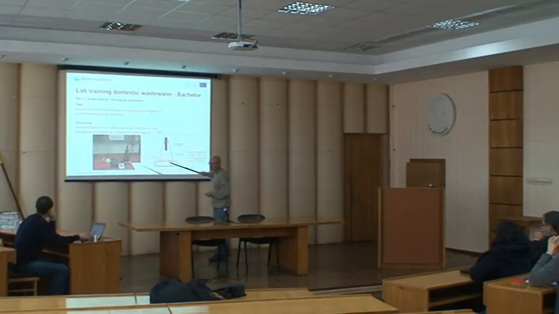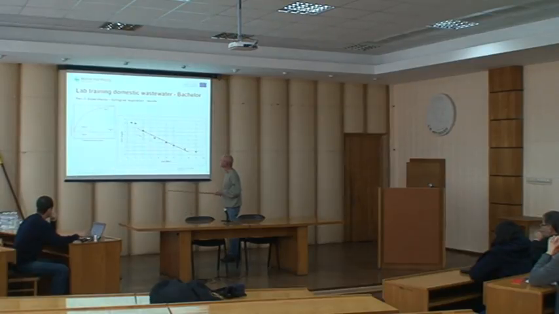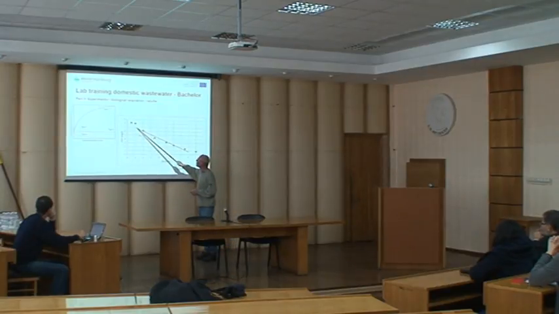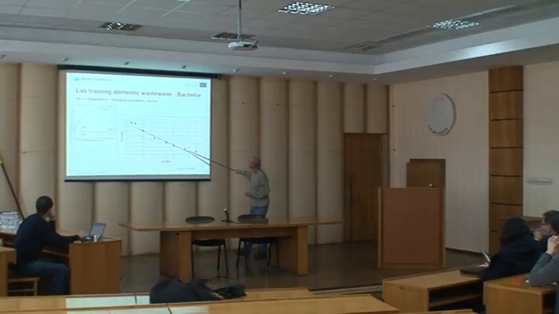So if you take the next slide, we can see the result. Yeah. So you can see here, this is the time axis, and this is the concentration measured of dissolved oxygen in the sample over the time. And you see this decrease.